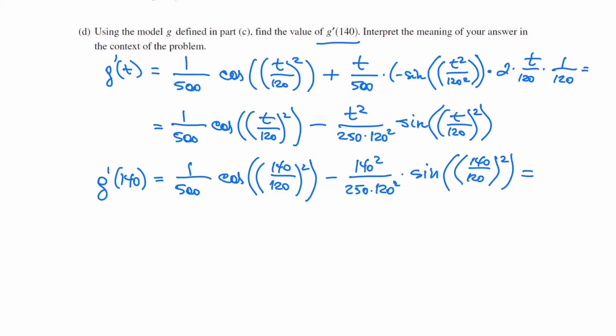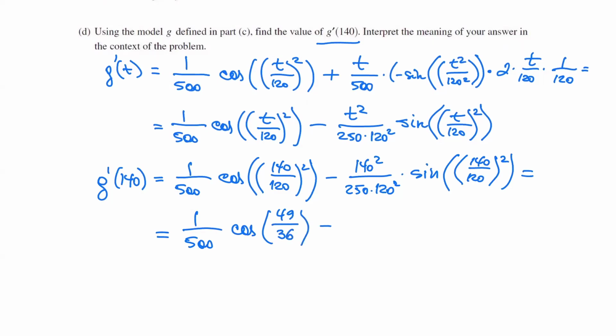Simplifying a little before we use a calculator: 1 over 500 cosine, 140 over 120 is 7 over 6, and squaring gives 49 over 36.